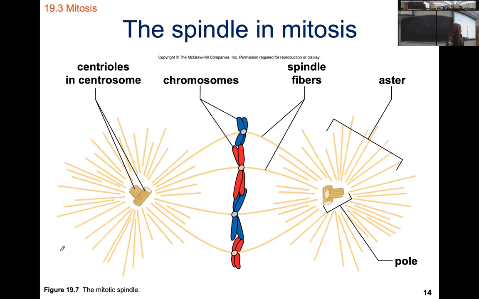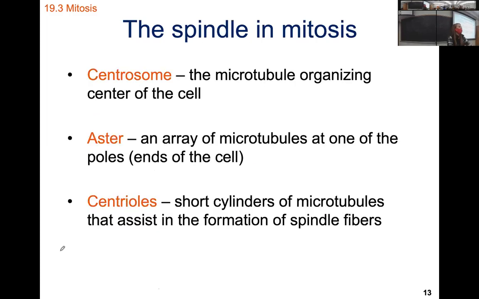You see the chromosomes down the middle, those strings that I keep drawing with my hands, those are the spindle fibers in mitosis. And then you have centrioles. These are short cylinders of microtubules that assist in the formation of the spindle fibers. The goal of the spindle fibers in mitosis is to pull it apart and divide. You can think of it like webbing for spiders or something, pulling it apart.